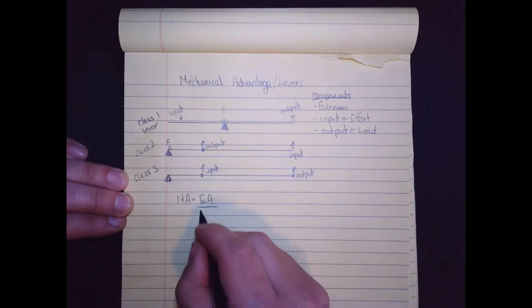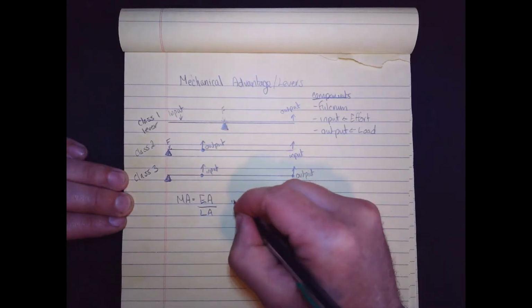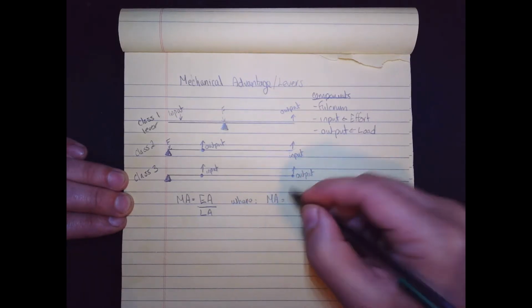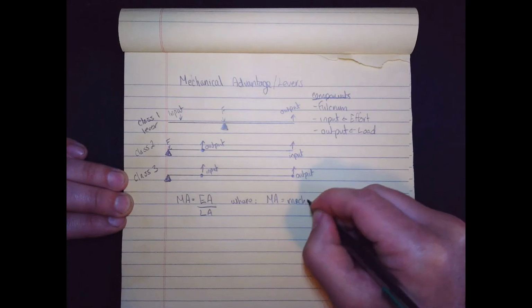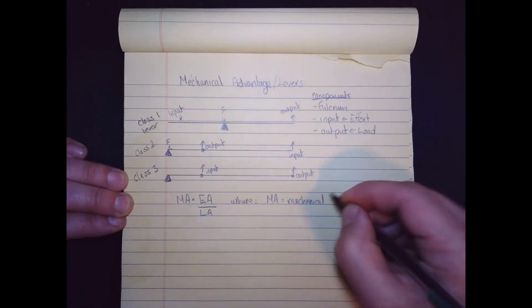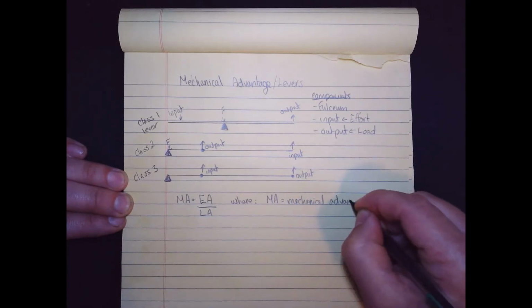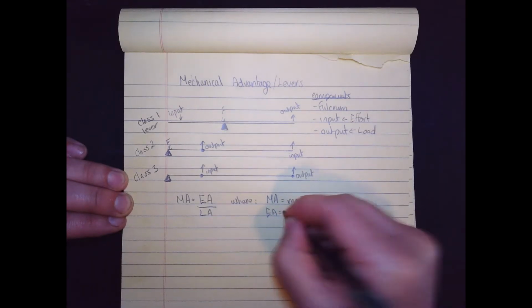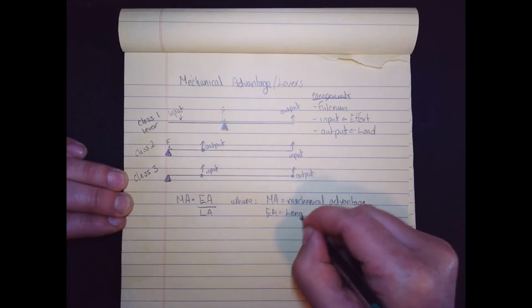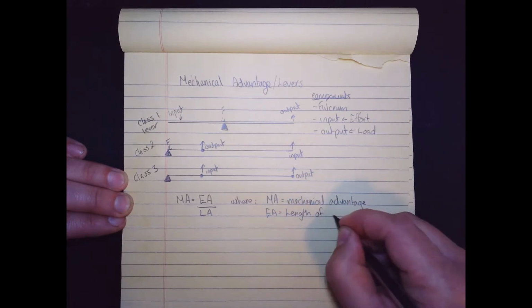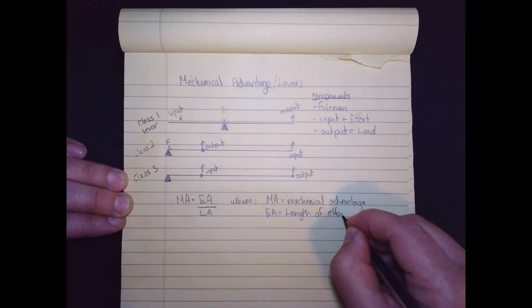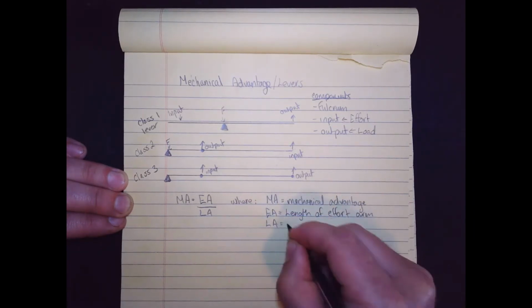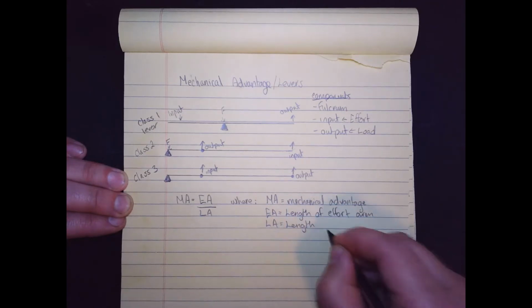So it's MA = EA over LA, where MA is mechanical advantage, EA is the length of the effort arm, and LA is the length of the load arm.